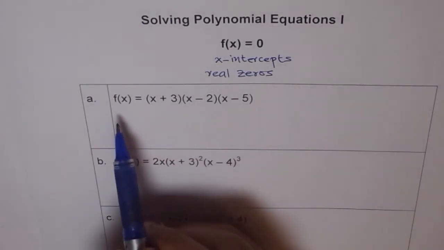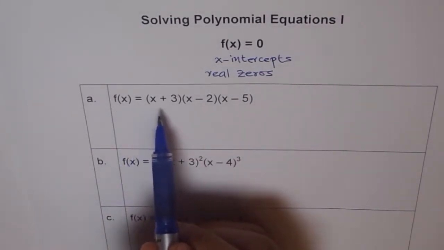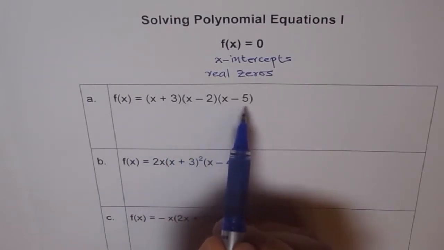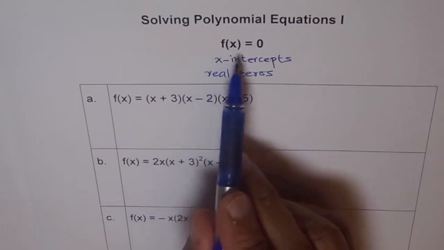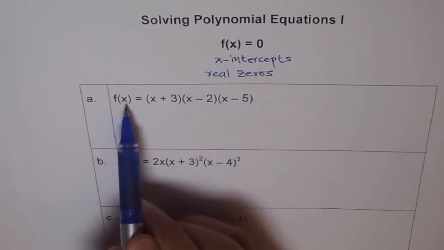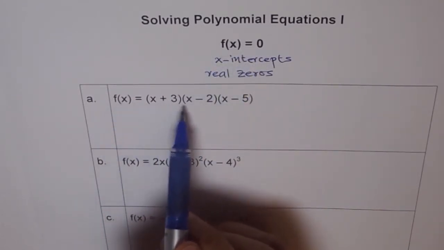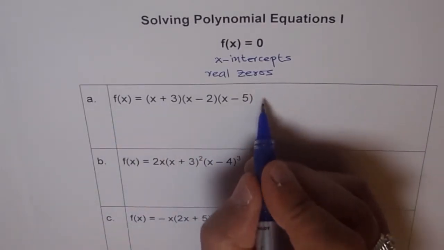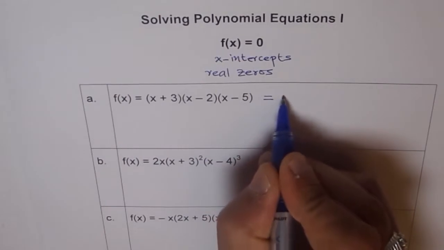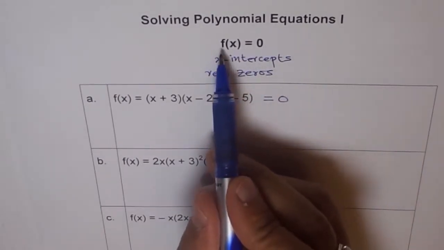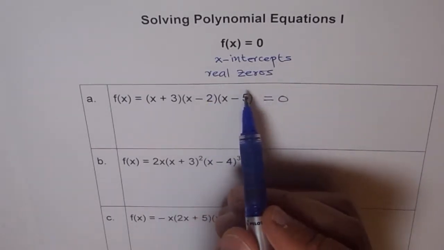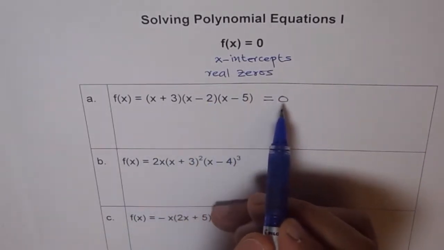So here the first function is f of x equals x plus 3 times x minus 2 times x minus 5. So solve for f of x equals 0 means for what value of x can f of x be 0? So we equate this to 0, first thing, because we are solving for f of x equals 0. Or even if you are asking for real zeros, that means when will this function be 0?